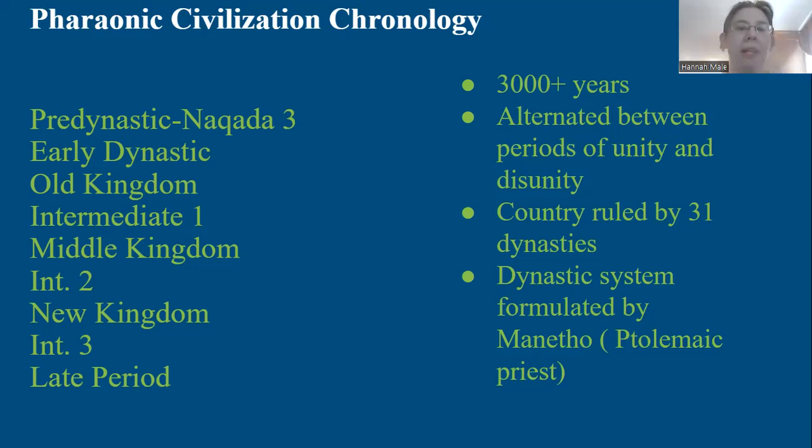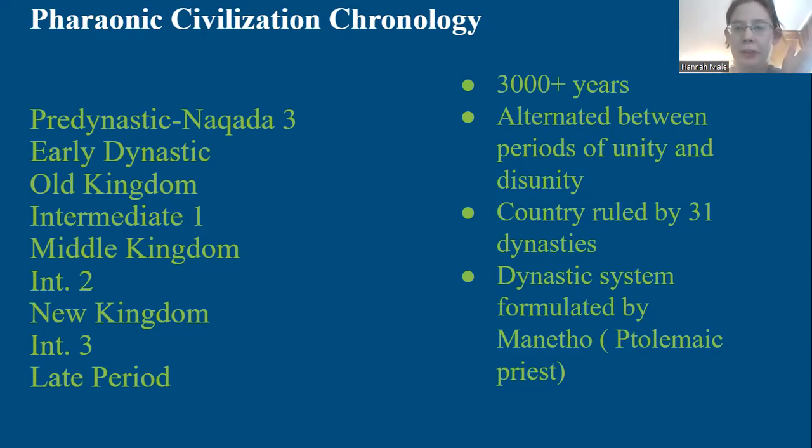So by the time you're getting into the late period and the larger chronology of the world, you're in the Iron Age. And then on the right here are just some other key points about how chronology is done in the field of Egyptology. So from the pre-dynastic to the late period, it's 3,000 plus years.